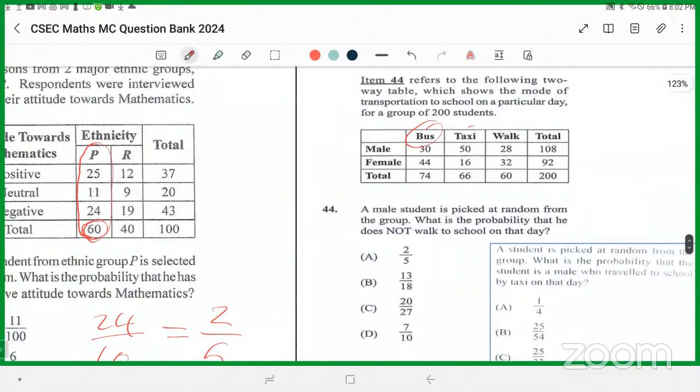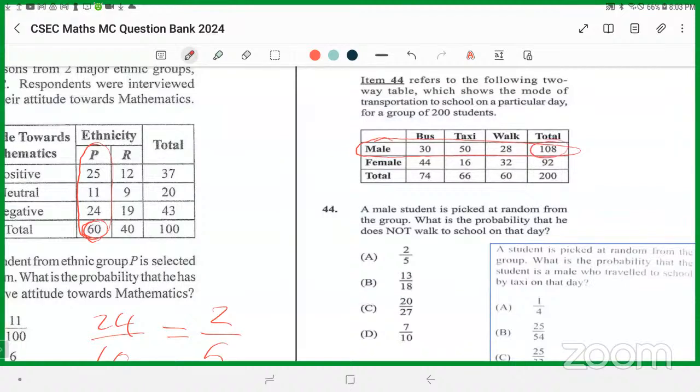So the bus, the taxi, the walk, and the total, and you have the male and the female. It says a male student is picked at random. So we're now working on the males, 108 males. We are narrowing down the data to the males, in which there are 108 of them total.